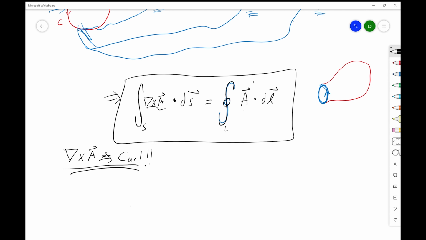So if the surface is really tiny, delta S really infinitesimal, so delta S goes to 0, I can take this out of the integral, so I end up with curl A times ds.